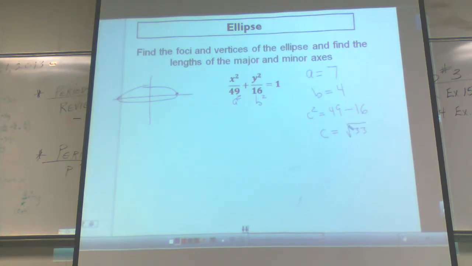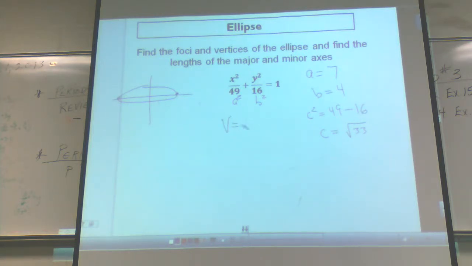If you get something like this, because there's going to be quite a few of these where you will have square roots in there, leave it as a square root. Don't make it a decimal. Okay? And don't even worry about that. All right? So now this is all I need to do my answers. Right?